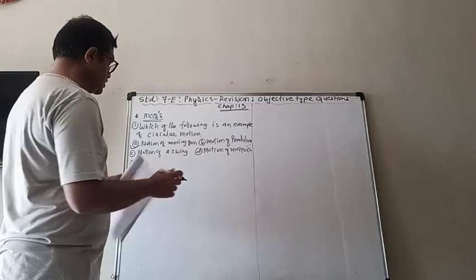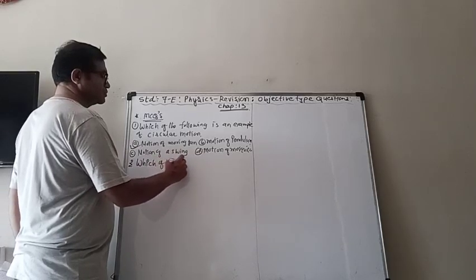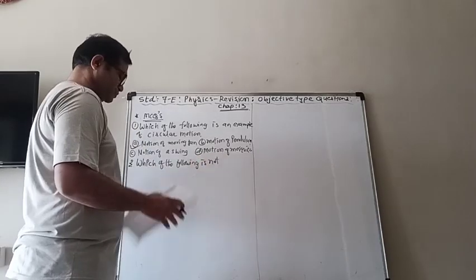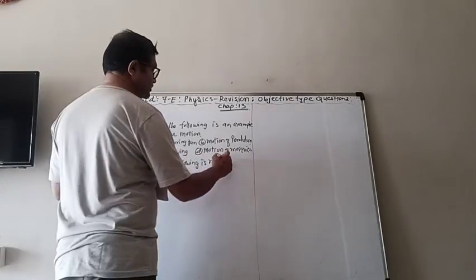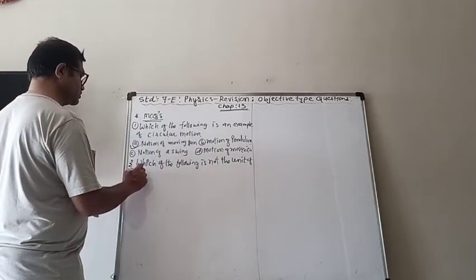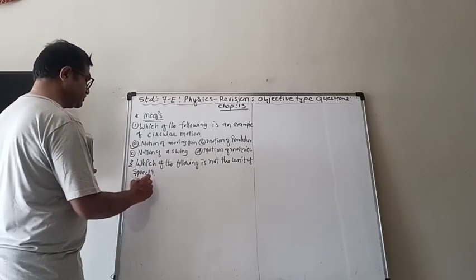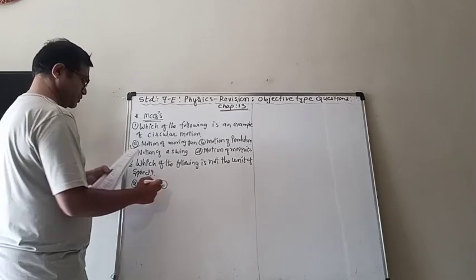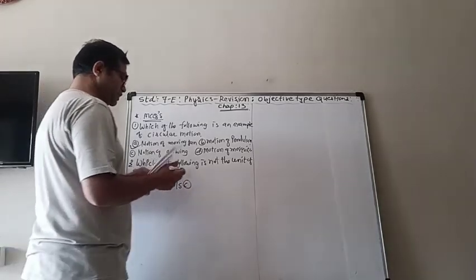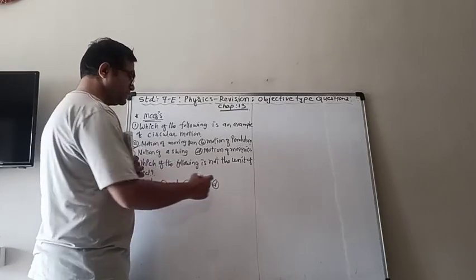Second one, which of the following is not the unit of speed? Options are kilometer per hour, meter per second, kilometer per second, meter per second square.